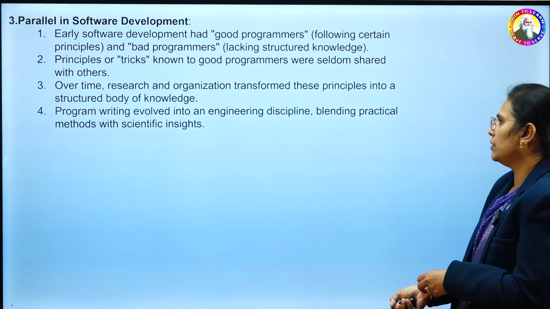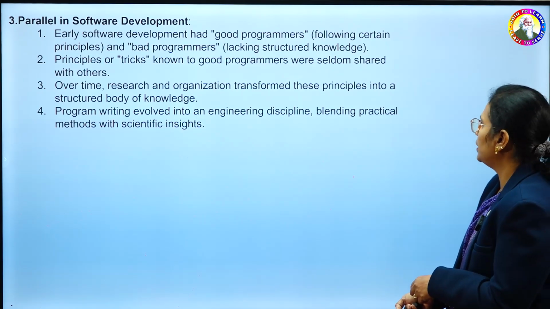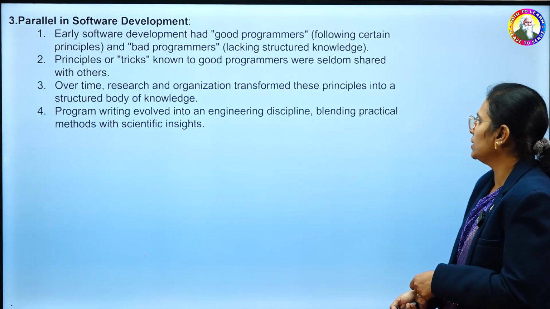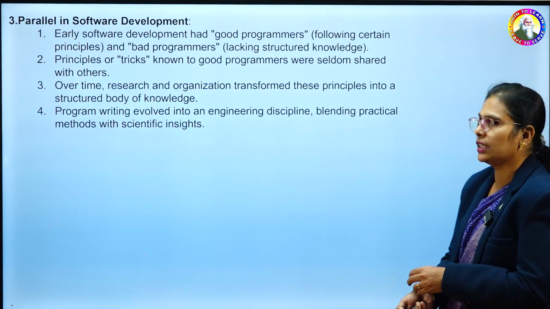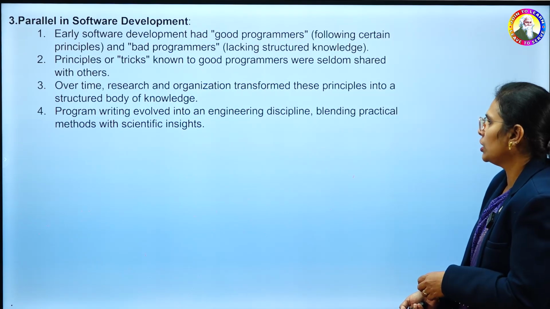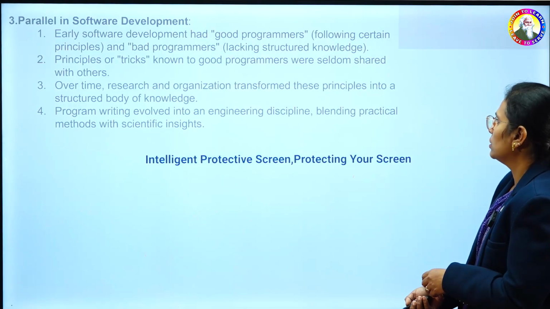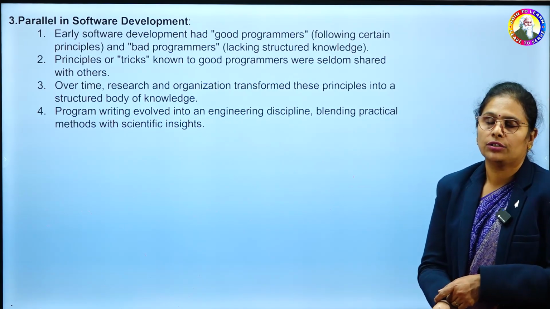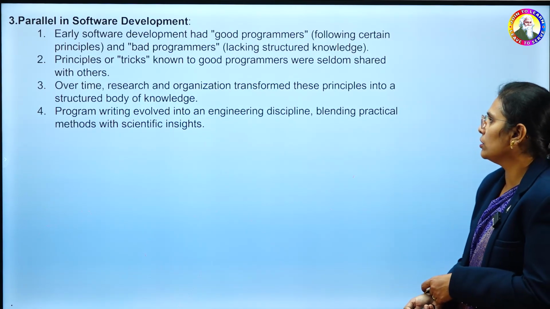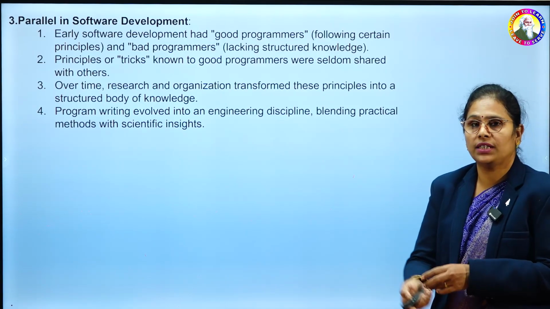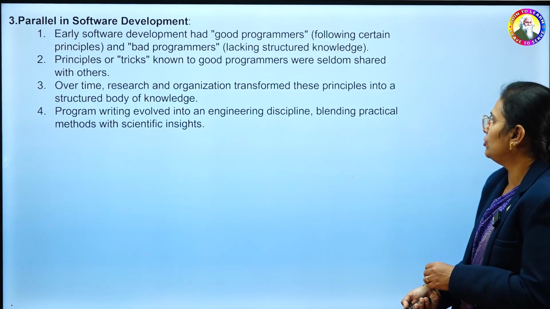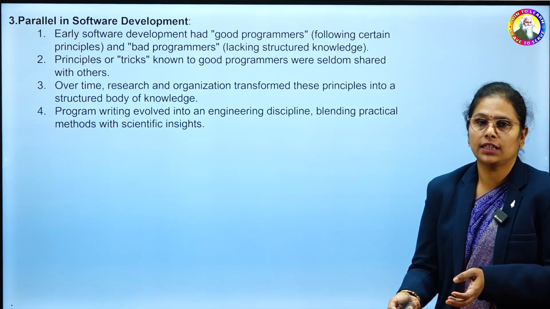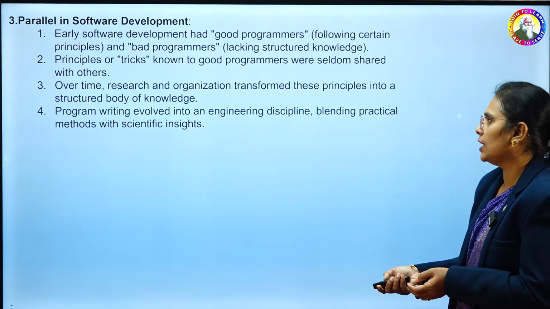Program writing evolved into an engineering discipline, blending practices, methods, and scientific insights. After structuring the knowledge, programs evolved into an engineering discipline, blending practical methods with scientific insight. They started developing programs with the structured, documented knowledge into an engineering discipline, blending the practicality they had learned so far with the scientific insight.